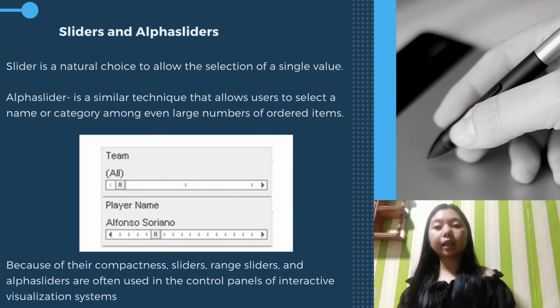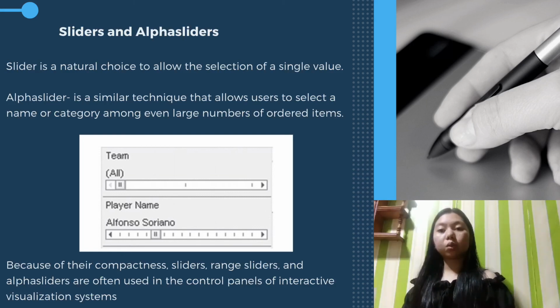Sliders and alpha sliders. A slider is a natural choice to allow the selection of a single value. Ranges of values can also be selected with double-sided or range sliders. Users select values by using a finger or pointing device to drag the slider thumb or scroll box along the scale.